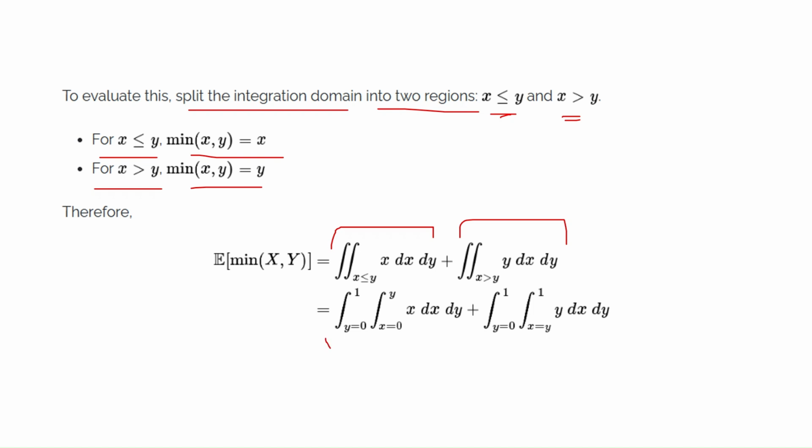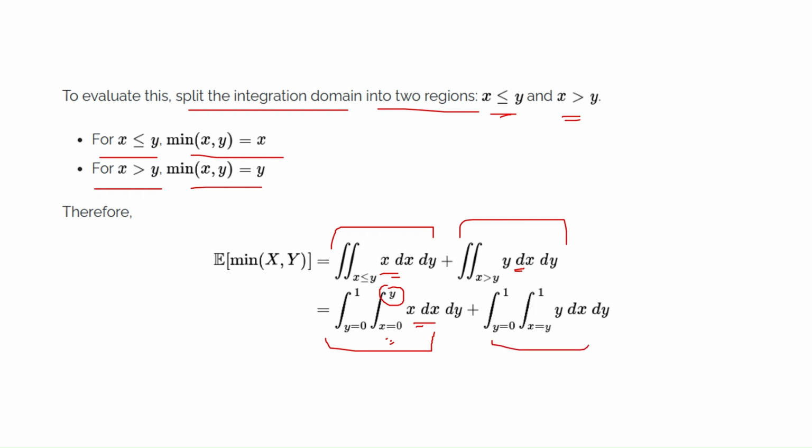Now for x less than y, we'll have the integral evaluated to x, and for x greater than y, it's evaluated to y. The range would also change. So when x is less than y, we have the range from x is equal to 0 up till y, because we are saying that x is always less than, at most equal to, y. X will not exceed y. So the upper limit here can only go up to y.